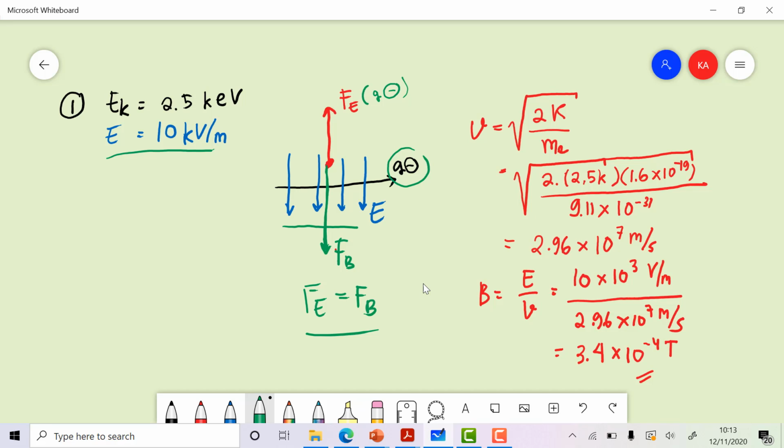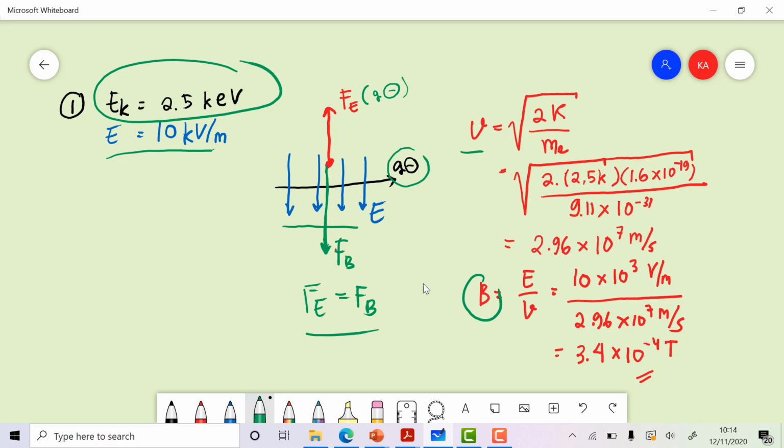First, we calculate B. B is E over V, and we know the kinetic energy, so we can calculate V. V is equal to the square root of 2K over m, the electron mass.